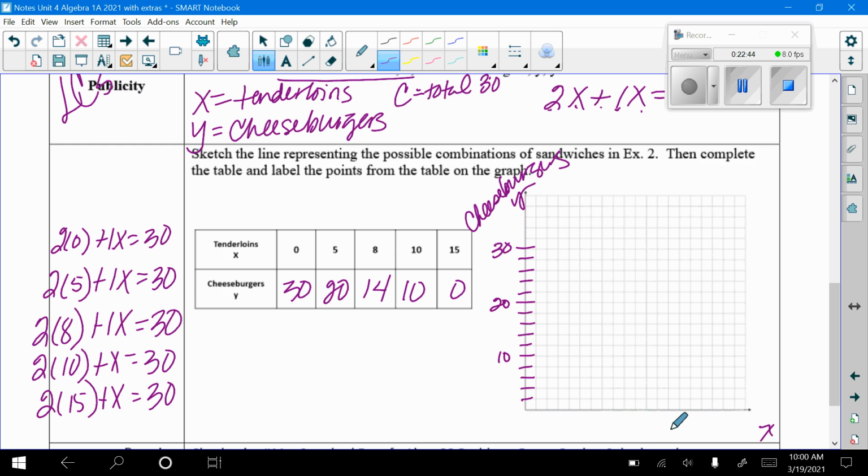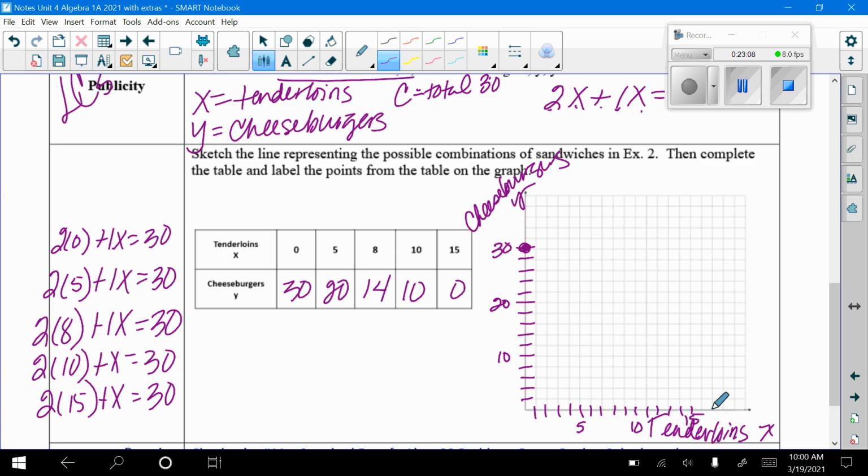And X is my tenderloins. So 0 tenderloins, I have 30 cheeseburgers. And this has to only go to 15. So 1, 2, 3, 4, 5, 6, 7, 8, 9, 10, 11, 12, 13, 14, 15.